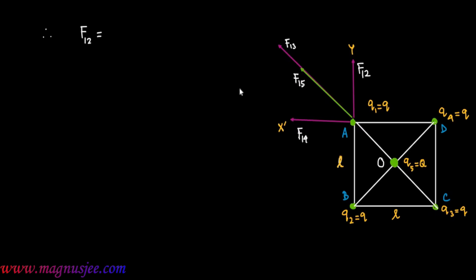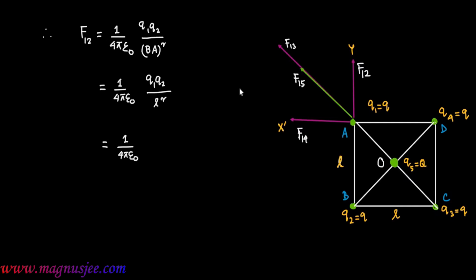Therefore, F12 equals 1 by 4 pi epsilon 0 times q1 q2 divided by BA whole square, which equals 1 by 4 pi epsilon 0 times q1 q2 divided by L square, since AB is equal to L, the length of the side of the square. This equals 1 by 4 pi epsilon 0 times q into q by L square.